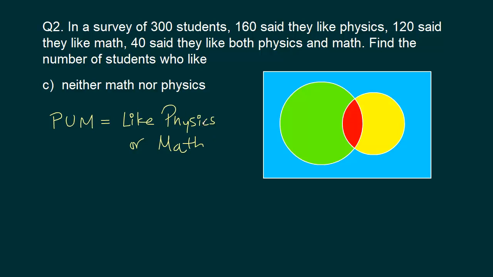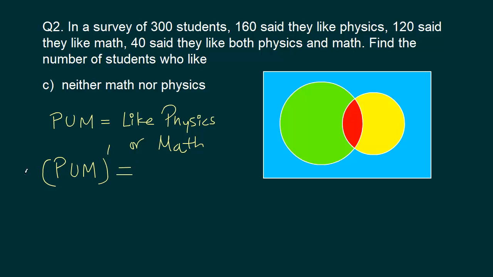These students like either physics or math or both, represented by the green, red, yellow. So the complement of this set is then students who do not like physics nor do they like math, right?